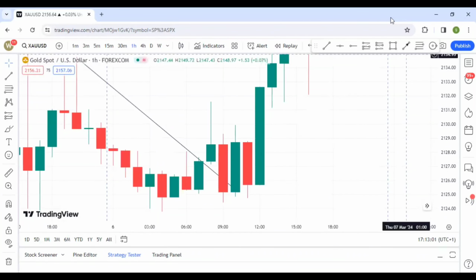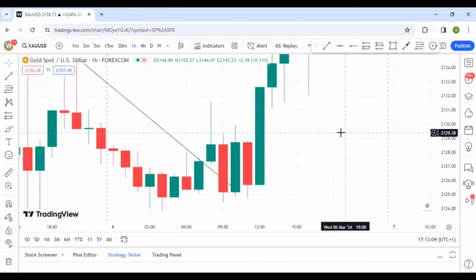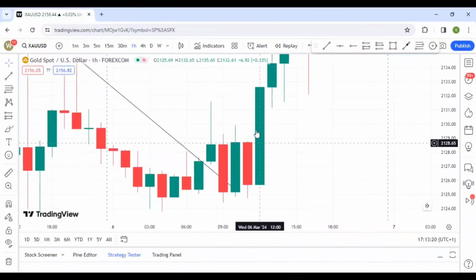Like I say, it must be at the bottom of a downtrend. Now the bears, which are the sellers, lose momentum, and the buyers take charge because this candle is bigger than this one. That is what a bullish engulfing is.